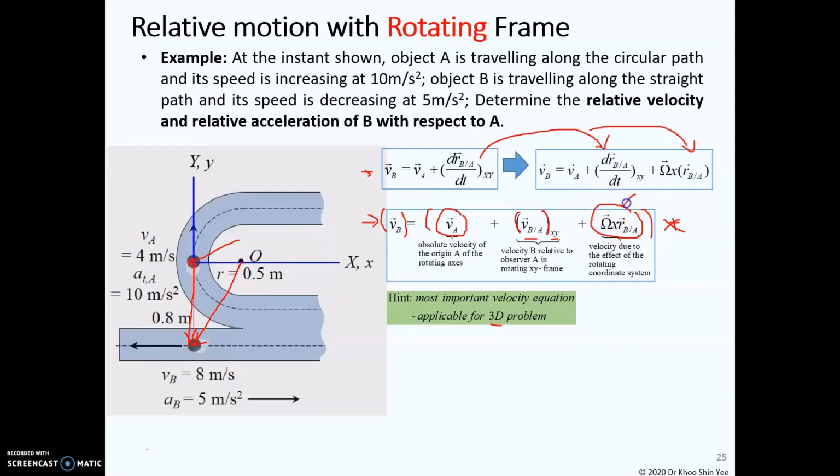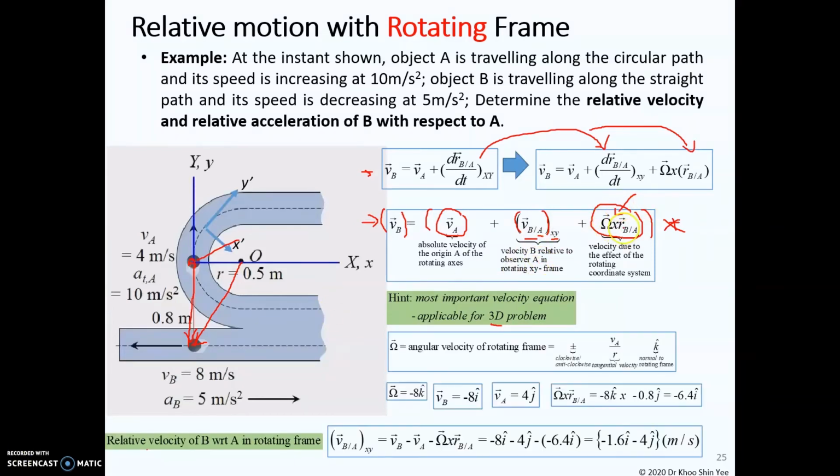It's important that you know this velocity due to the rotating frame effect is not measured by the observer A, who is in the rotating xy frame. This component must be measured in the inertial frame. This is because the observer A does not know how much angular velocity the rotating frame has, and this term must be measured with respect to the inertial frame.